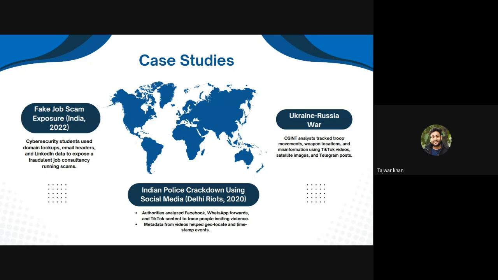And just like that, in the Ukraine Russia war, there were lots of open source intelligence analysts, and they actually tracked the movement of the troops. Even at the time of Operation Sindoor, the government was requesting everyone: if you see any kind of army movement or police movement, don't make videos and post them on Instagram or wherever.